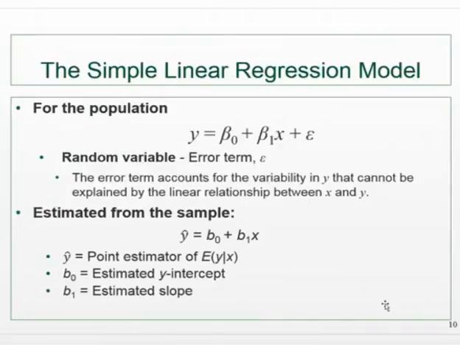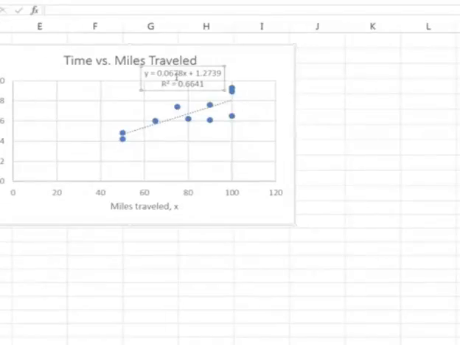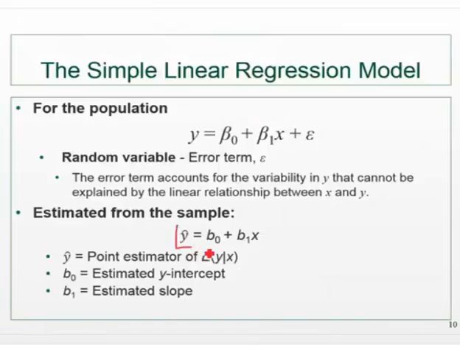Okay, so now that we know what a correlation is, now let's discuss a linear regression model. Okay, so we saw before, okay, what was the equation? Let's take a look at it here. Here is the equation. So this is what we get when we run a regression, or when you ask for an equation for the trend.